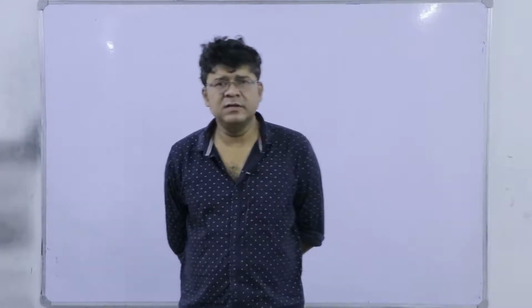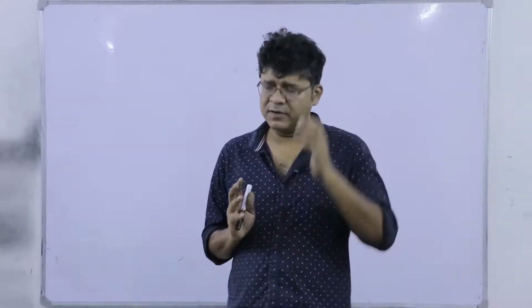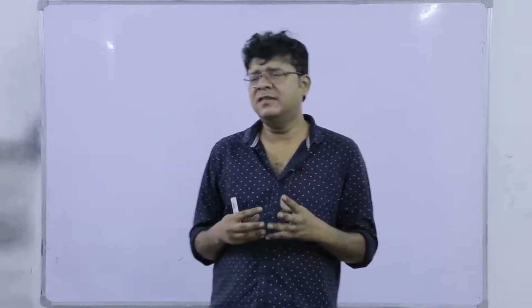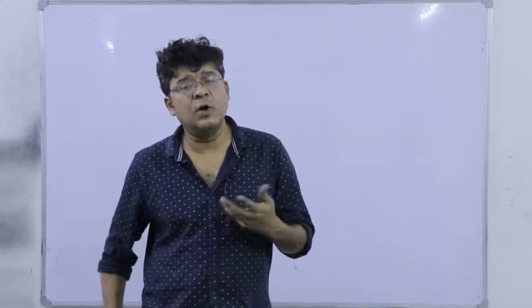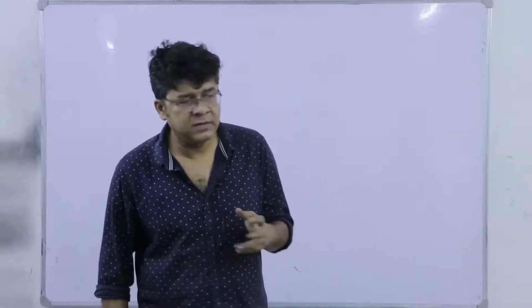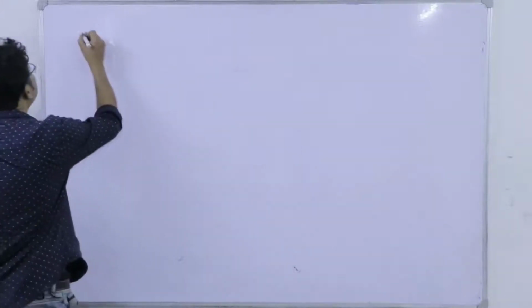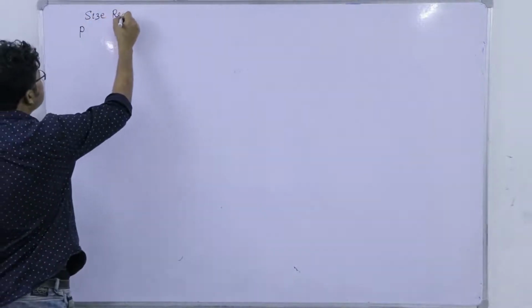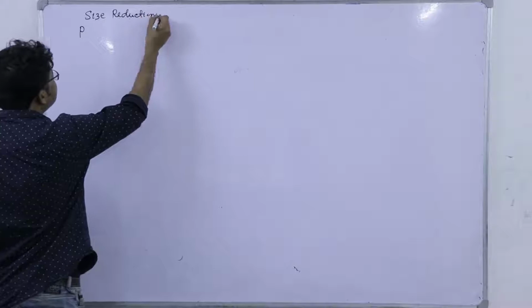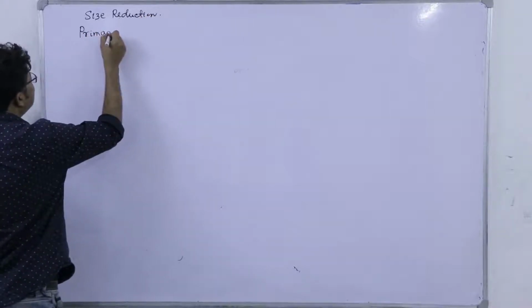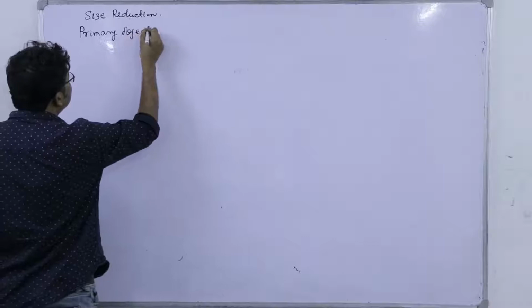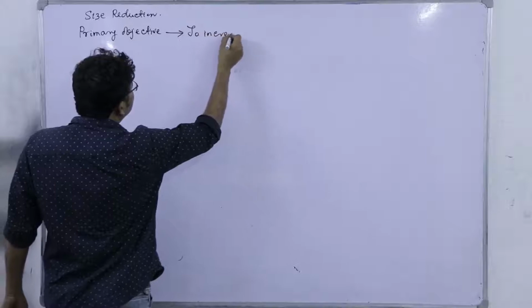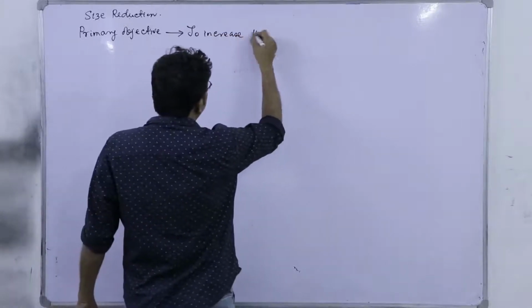So, size reduction is basically a typical unit operation, we can also say a mechanical operation, where the size of the samples is reduced. What is the objective? The primary objective of size reduction is to increase the surface area of the solid.